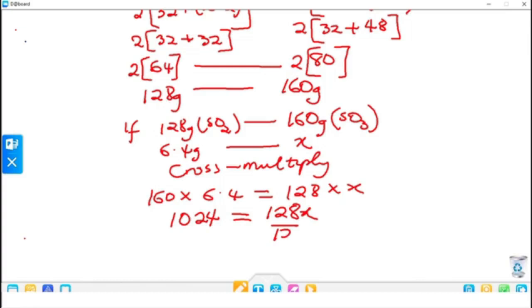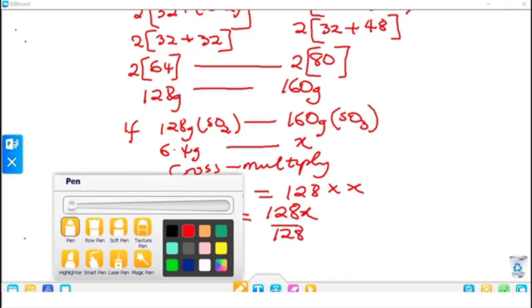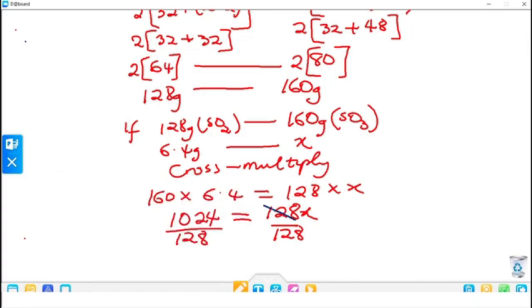The 128 takes care of itself. Therefore, X is equal to 1024 over 128, and that gives us 8 grams.